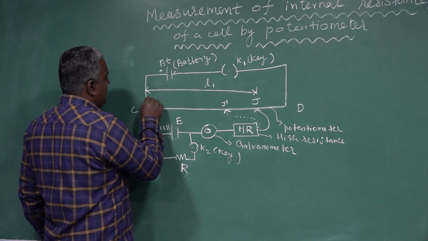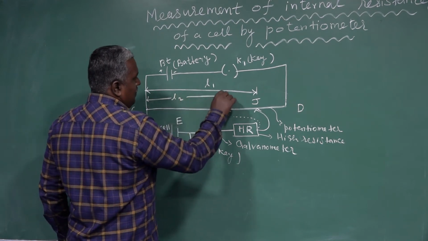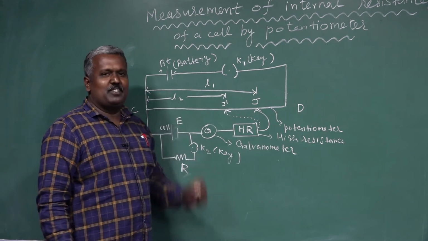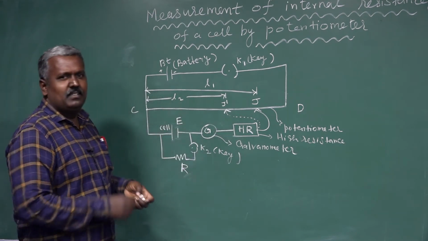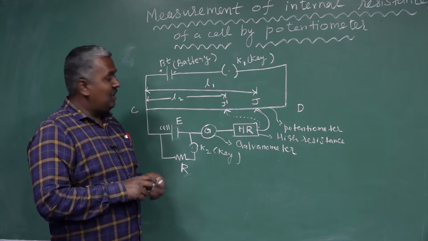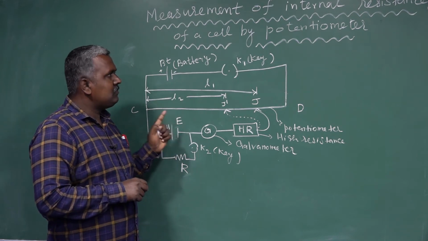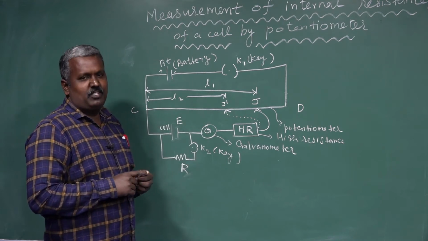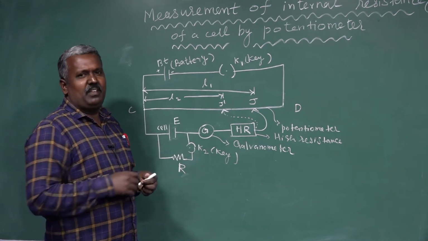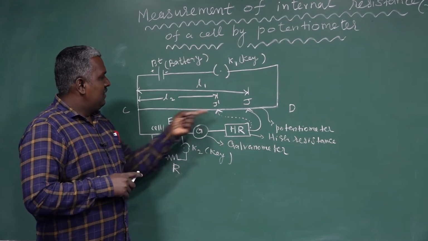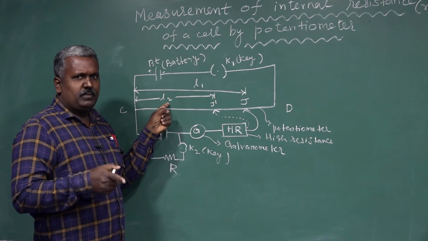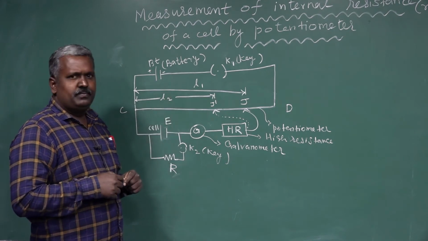At the same time, this gap is L2. This is a very, very interesting, simplest question. Okay? Compulsory. No question paper in your examination is without this question. Okay? So listen properly. Come on, finished? L1 and L2. Okay.